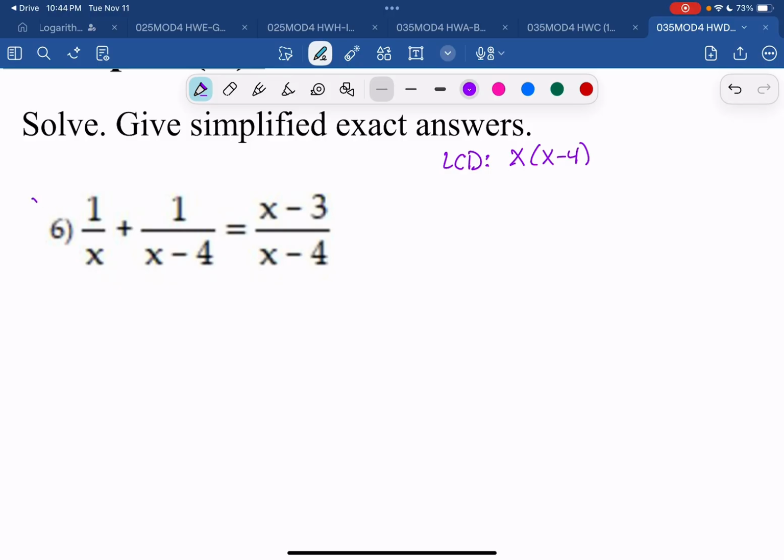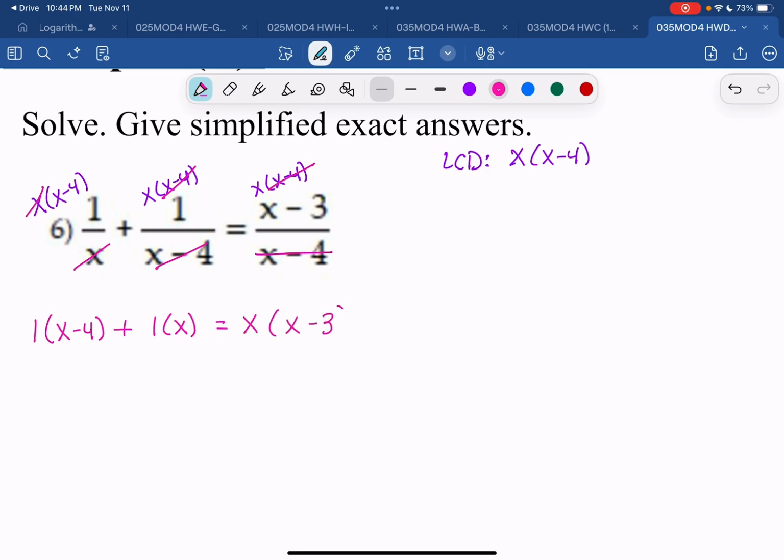So each term, x minus 4, x minus 4, x minus 4. And this first one, x's cancel, and I have 1 times x minus 4. Here, my x minus 4's cancel, so I have plus 1 times x. And here, my x minus 4's cancel, so I have x times x minus 3.